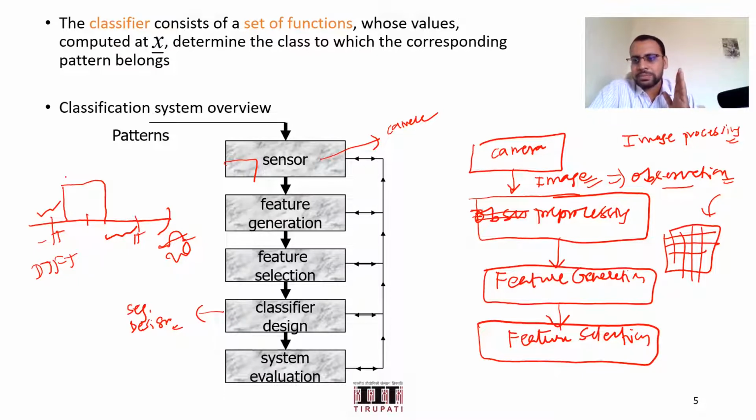Sometimes your signal can be more compactly represented when you make a transformation to your signal. That's the basic take home message here. That is how you would be generating your features. For example, going to a Fourier domain would represent your signal in a more precise way.